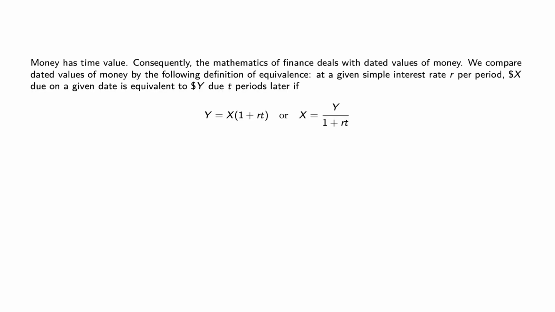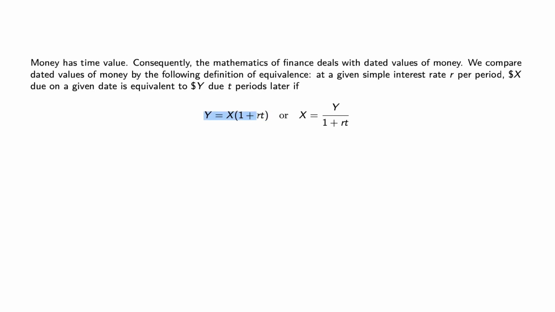So, how do we compare them mathematically? Well, we can compare dated values of money by the following definition of equivalence. At a given simple interest rate, R per period, X dollars due on a given date is equivalent to Y dollars due T periods later if any one of the following is true.